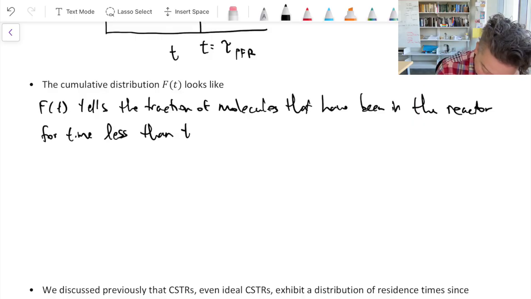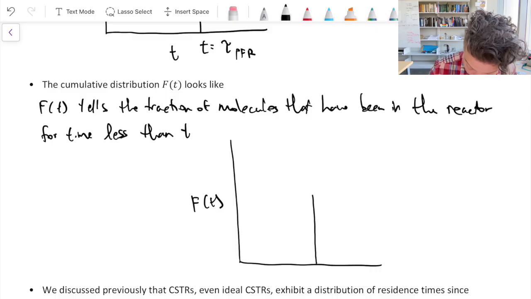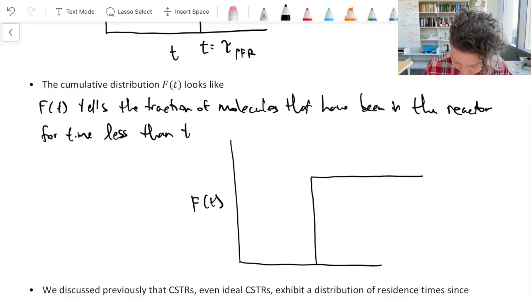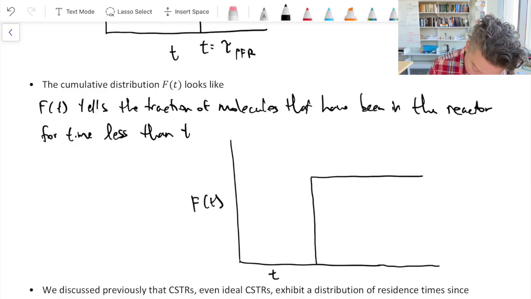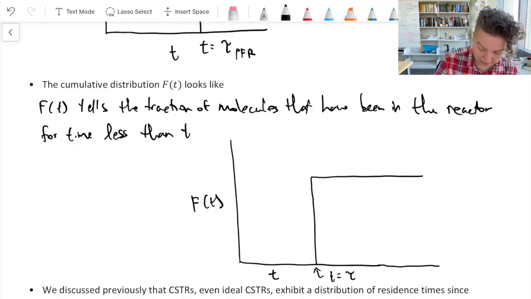For a tubular reactor, this is going to be a step function. So once you get to that point on the time axis, all the molecules have the same residence time. So in this region, none of them have been in the reactor for less than that. And in this region, all of them have been in the reactor for less than that. That's basically all there is.